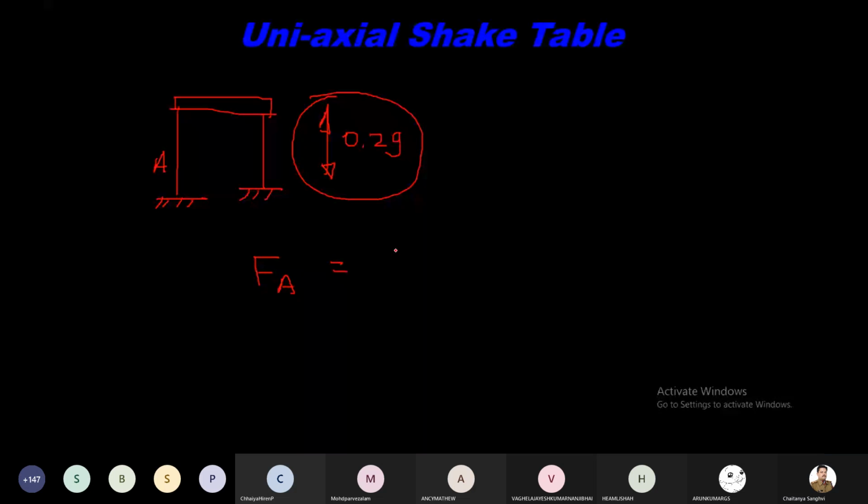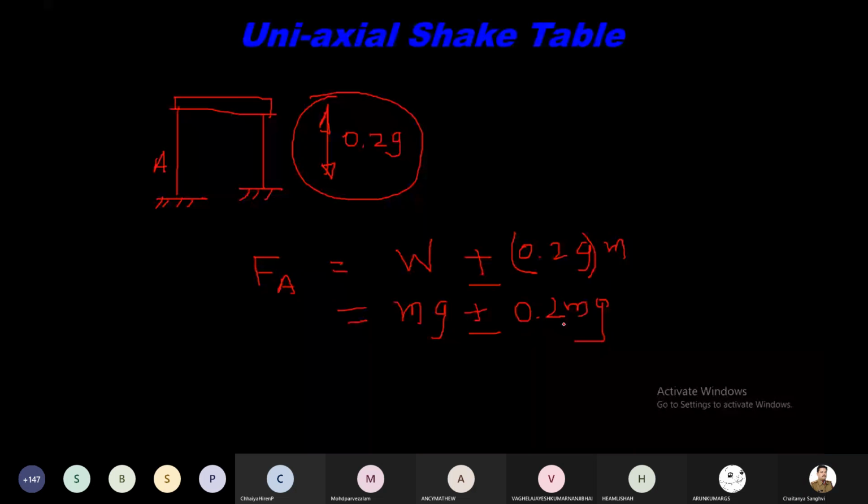Gravity load is, for example, W. The gravity load on the column is W plus or minus. Now this will increase the load. It is 0.2 g, the gravitational acceleration times the mass, right? So what is going to happen now? The load coming on the column is mg plus or minus 0.2 mg, right? So this comes out to be either, now there are two possible values. The one value is 1.2.